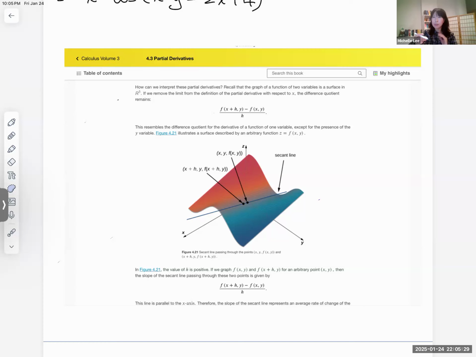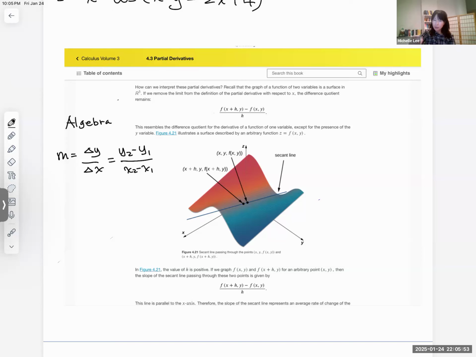Basically, this is from the algebra course, right? In algebra, we had slope. We indicate m, change in y over change in x, right? That is y sub 2 minus y sub 1 over x sub 2 minus x sub 1.